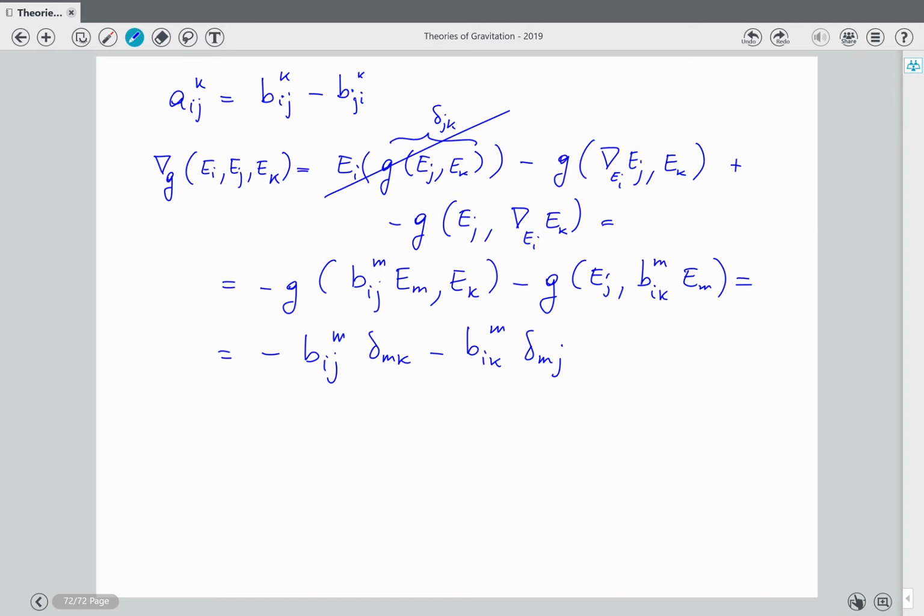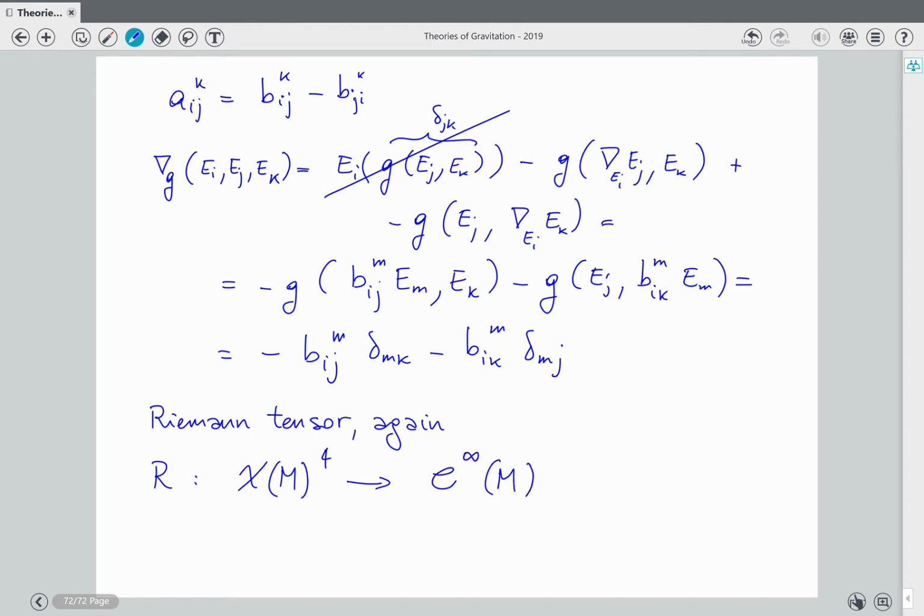Let's introduce the Riemann tensor again. Because now we have the metric, so we can play with it, and we can define a tensor like this, acting on 4 vector fields and giving a smooth function.